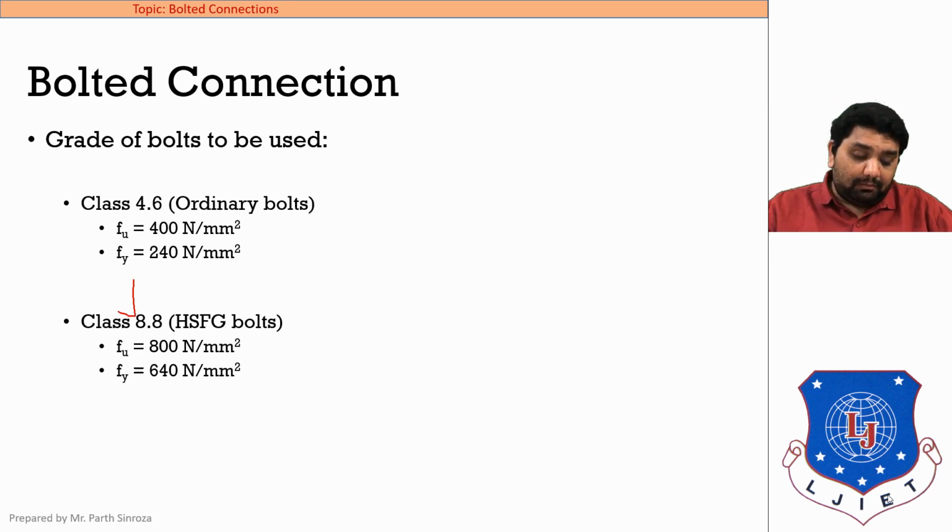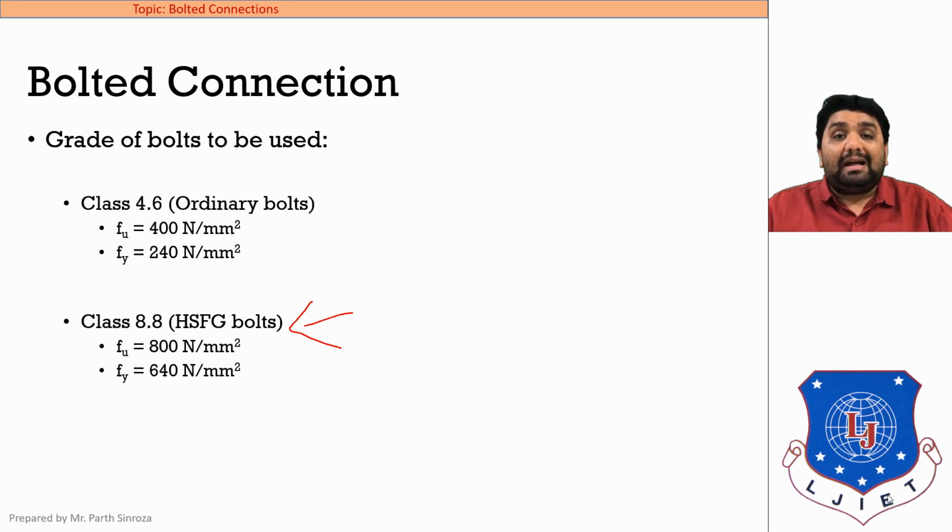The first number, 8, represents the ultimate stress, that is 800 Newton per mm square, and the second portion, 0.8, is 80% of 800, which comes out to be 640 Newton per mm square. This is how you will remember the Fu and Fy of a specific grade of bolt, and it is known as HSFG bolts.